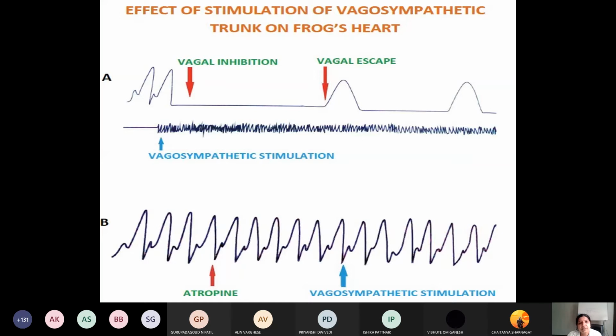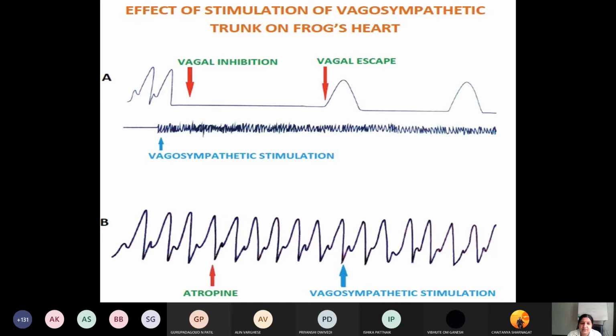The vagosympathetic trunk is situated between the atria and ventricle. So when you give a stimulus to this vagosympathetic ganglion, it blocks the conduction of impulse from sinus venosus to atria, and atria to ventricle. This blockage occurs, right? So the impulse is not able to transmit from the atria or SA node to the ventricle.